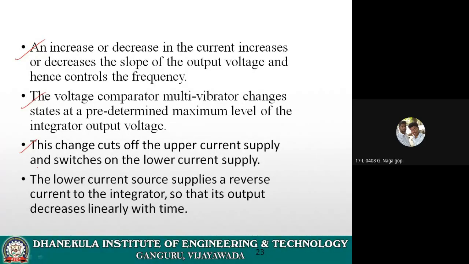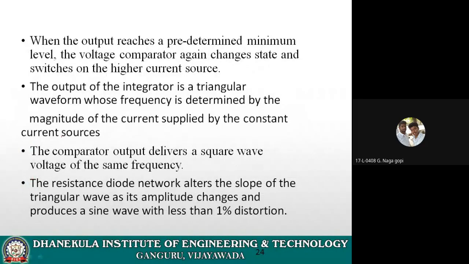The lower current source supplies a reverse current to the integrator, so that its output decreases linearly with time. When the output reaches a predetermined minimum level, the voltage comparator again changes state and switches on the higher current source. The output of the integrator is a triangular wave, whose frequency is determined by the magnitude of the current supplied by the constant current sources.